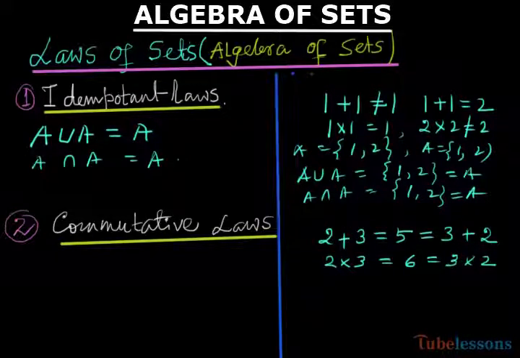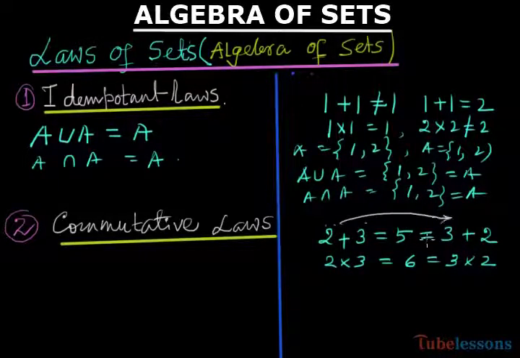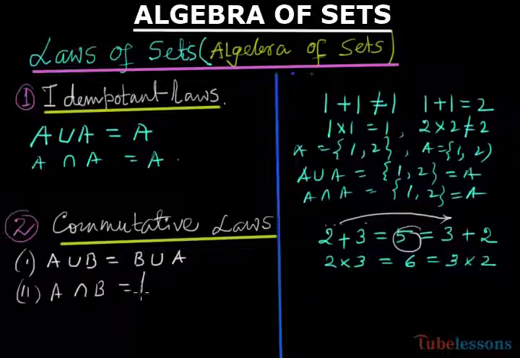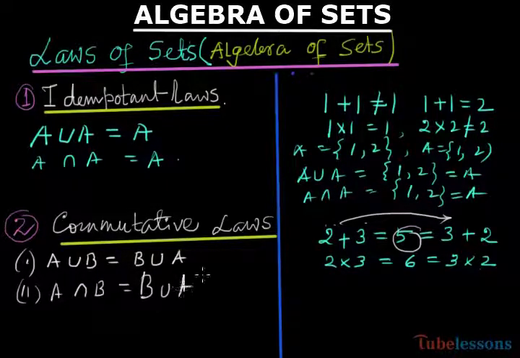So here we can exchange 2 and 3, and the value is the same, or if we take the product, the value is the same. This also holds for sets, that is, A union B is equal to B union A, where A and B are two sets. A intersection B is equal to B intersection A.